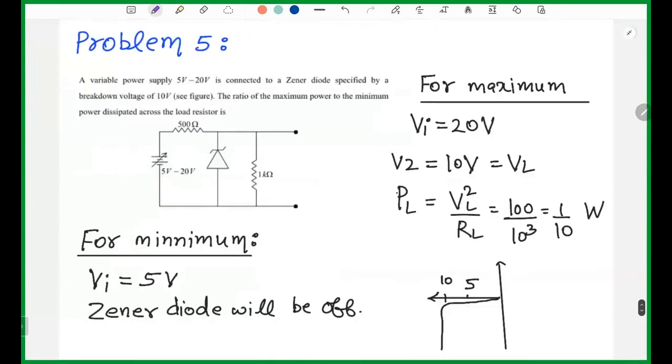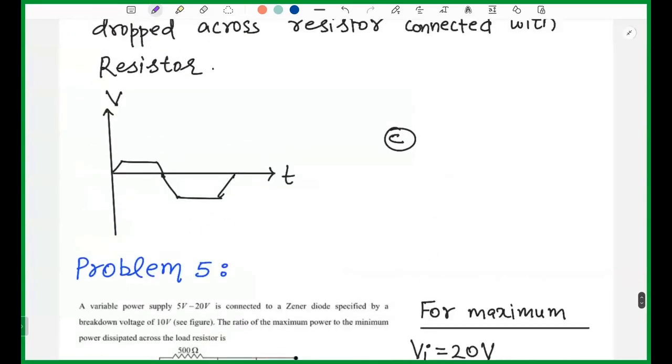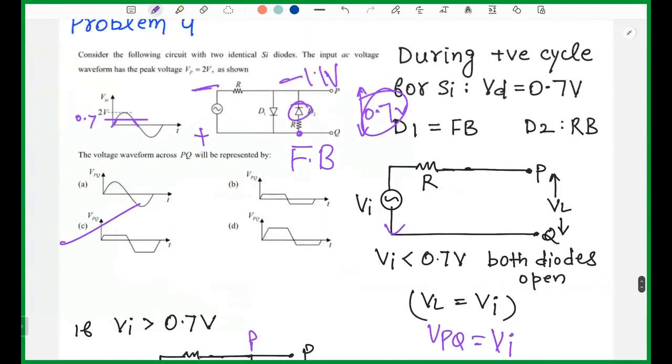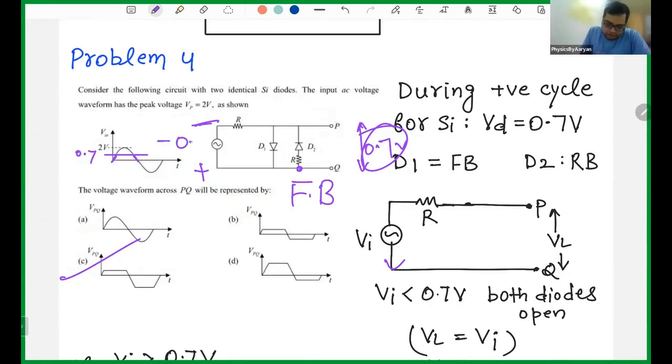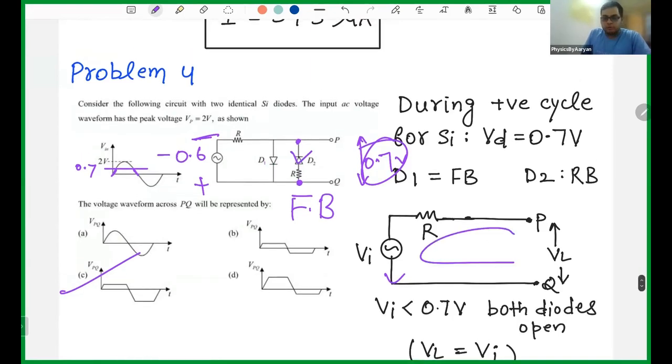Sir, when the voltage is less than 0.7 volt, then what will happen? Let's say my voltage is minus 0.6, then this is also closed. This is not forward bias, no current is flowing through this, and this is anyway reverse biased, so no current is flowing through this. Then this is how my circuit will look: open circuit, no current.